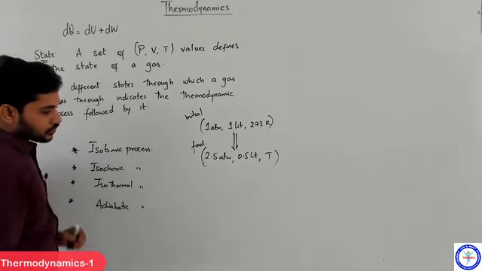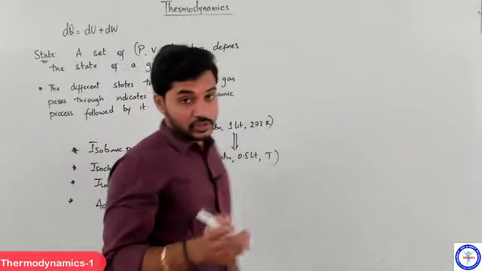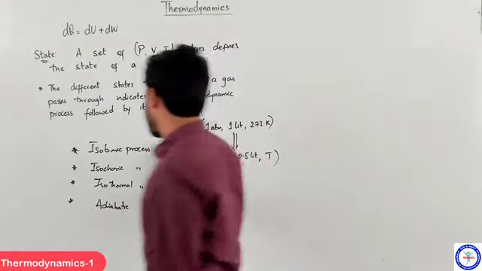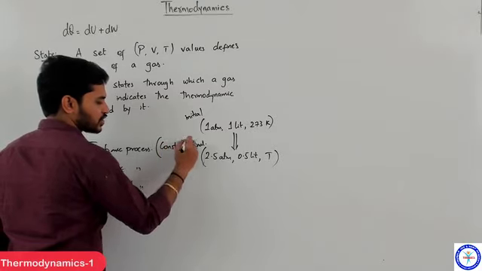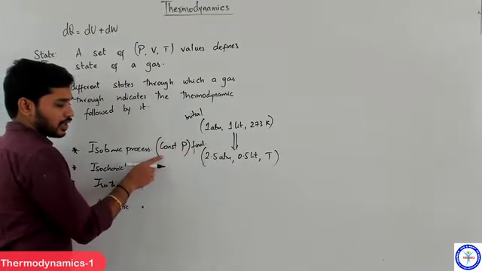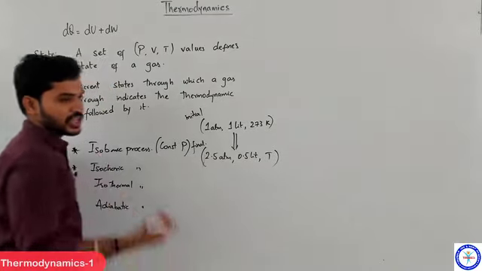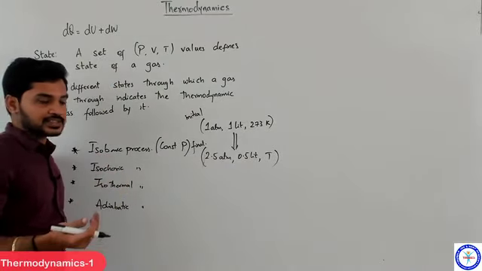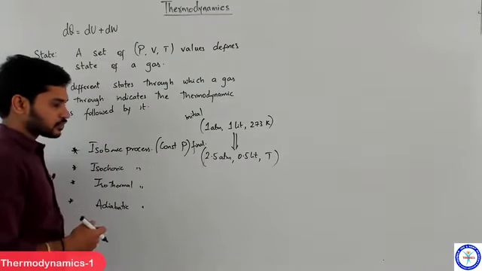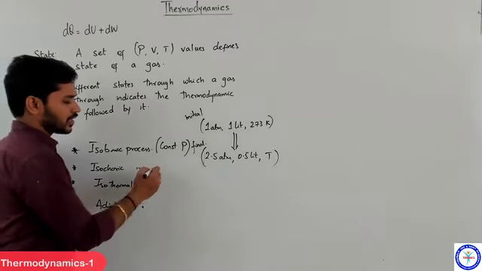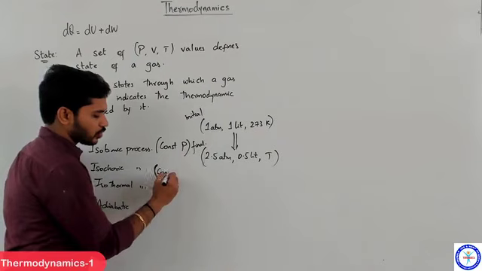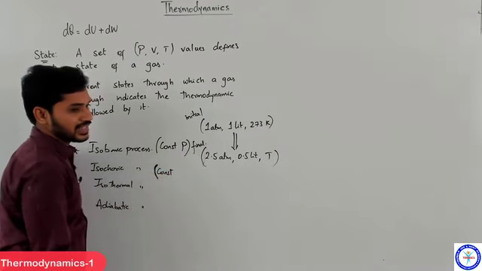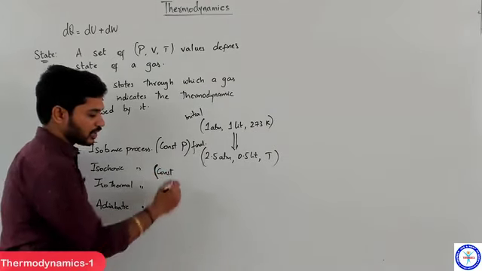Okay students, these are some standard processes that we come across, and you all know that an isobaric process is where we have a constant pressure. So we maintain a constant pressure and we change the volume and temperature of the gas. That is what we call an isobaric process. In an isochoric process, the volume remains the same, or you can say the density of the gas remains the same, right?